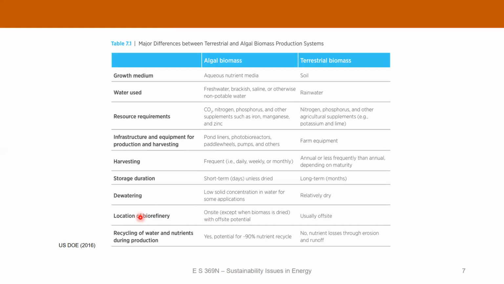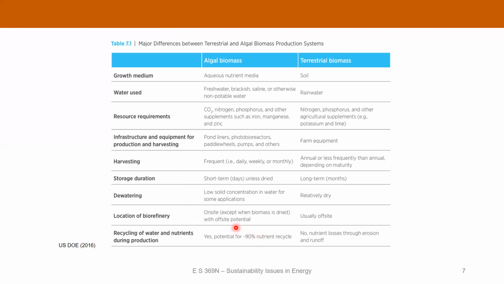And then your biorefinery, where you take the biomass and break it down and make chemicals out of it, is generally on site. Whereas with terrestrial biomass, your farmer is going to come around and collect that waste product and then send it somewhere else to be refined.